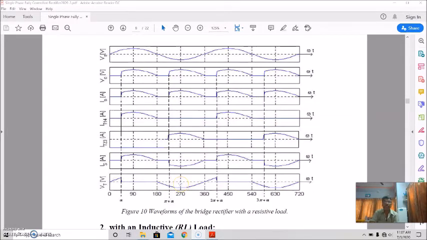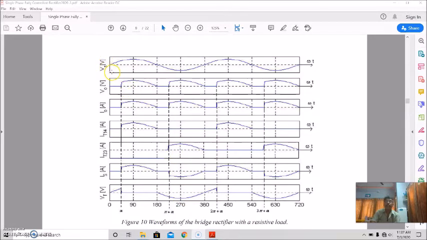This is the waveform of the rectifier with the resistive load. This is the source voltage waveform, and this is the output voltage. Similar to what we discussed in the center tap type, this is the output current. And this is the conduction pair, the current through thyristors 1 and 4, diagonally opposite.